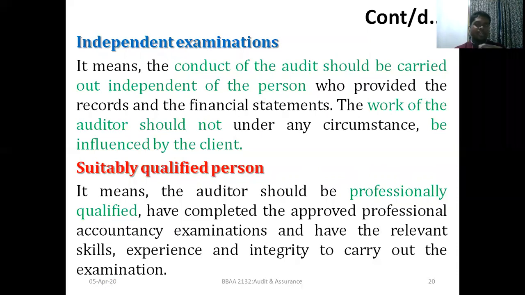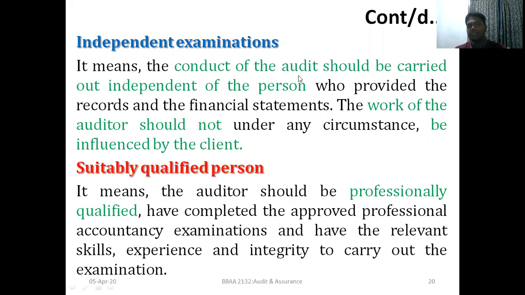Anytime the auditor asks for documents from the company employees, they normally provide them. They can support the auditor, but they should never disturb the auditor. The auditor's work should be independent.